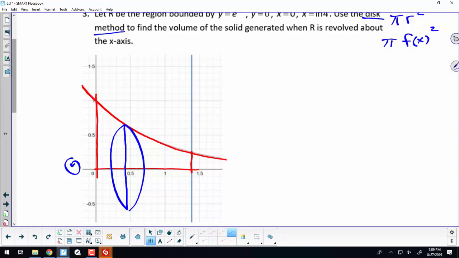So what is r? e to the negative x, right? Because here's our circle. We've revolved it around the x-axis. This is the radius of the circle. So from here to here is the radius. Again, how do we measure that? Top minus bottom. It's the function e to the negative x minus 0, which is e to the negative x.